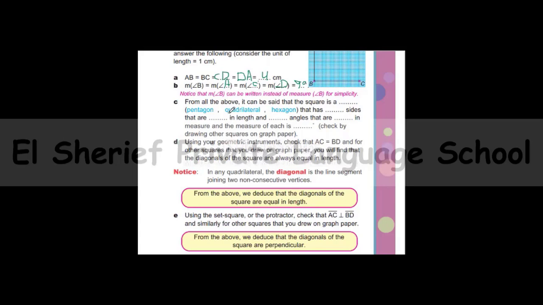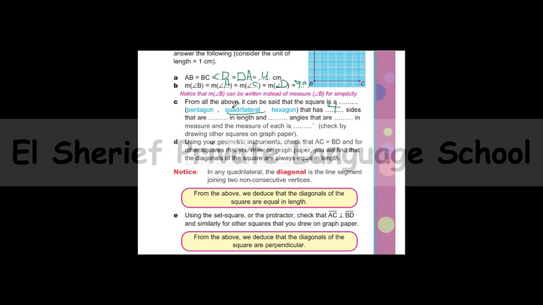Again, quadrilateral. So select quadrilateral that has blank sides. Okay, how many sides are there in squares? Yes, has 4 sides, and that are what in length?